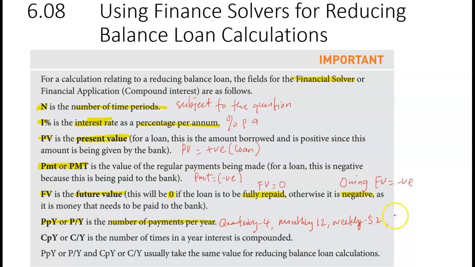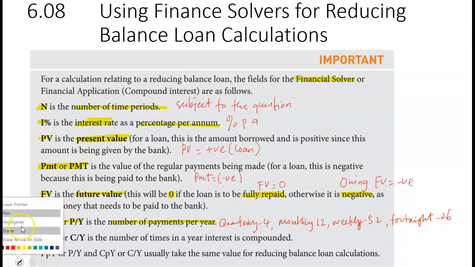Next, I can give you fortnight. Fortnight is 2 weeks. In 1 year, how many 2-week periods do you have? Basically I use 52 weeks divided by 2, which is 26. For compounding per year, I can use the same approach that I discussed earlier for PPY.